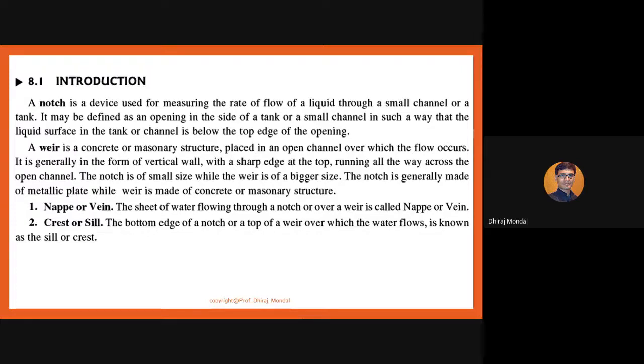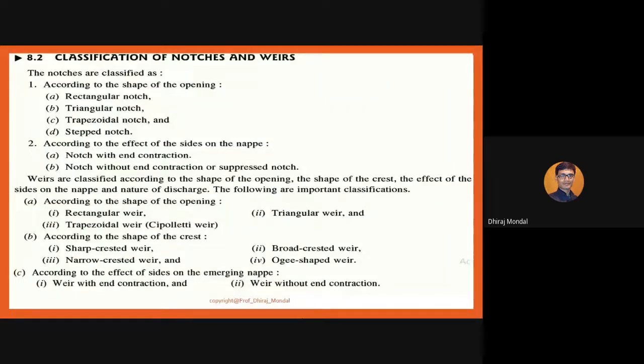The bottom edge of the notch, or the top of a weir over which the flow occurs, is known as crest or sill. Remember the difference here: in case of a notch I need to take the bottom edge, and in case of a weir I need to take the top edge over which the water is flowing.